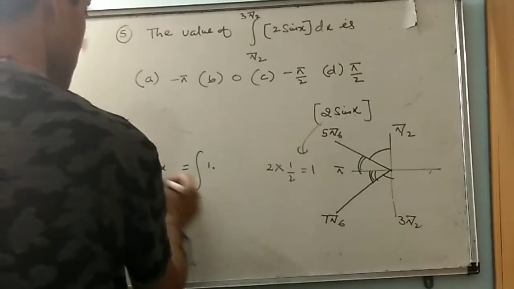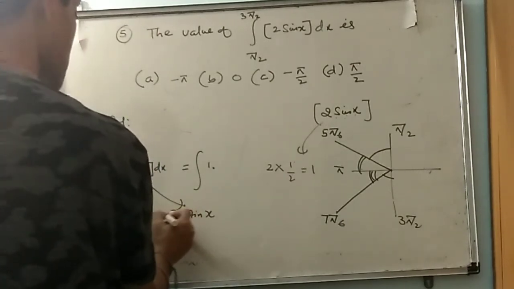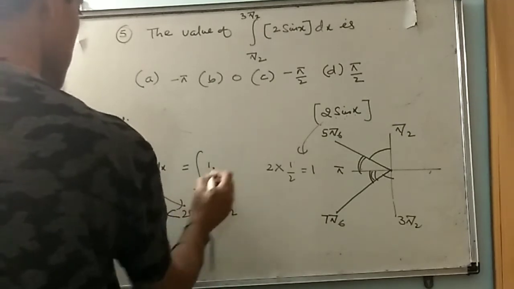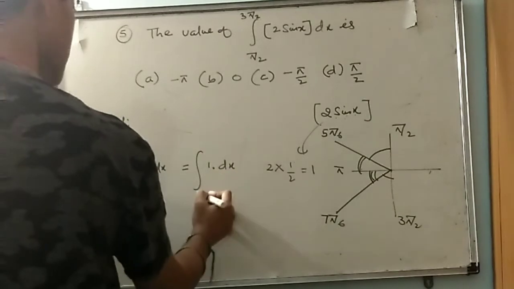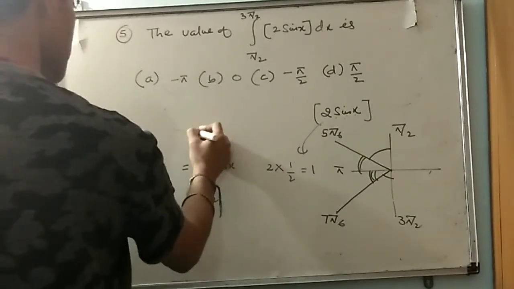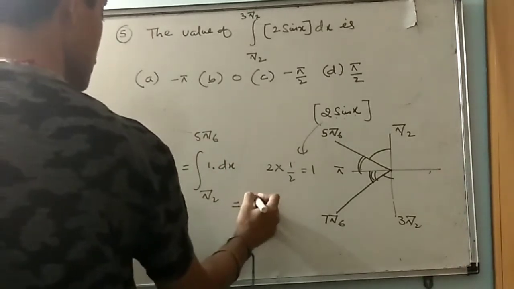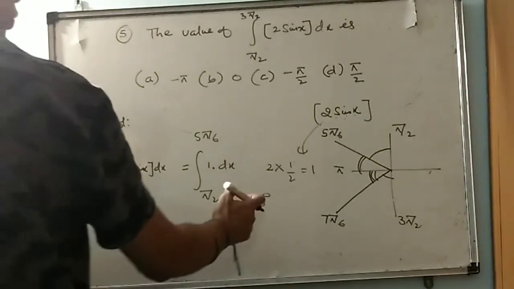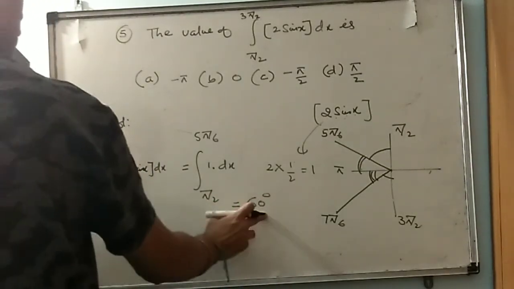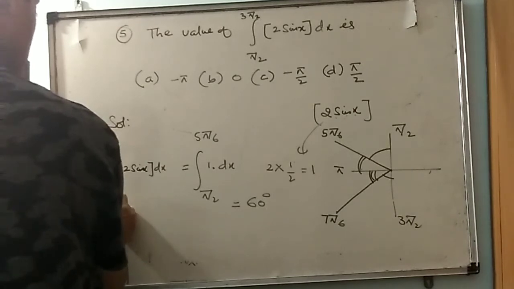Basically this one is lying between 1 and 2. Obviously the smaller one is taken. So it will be 1 dx. This one is basically 150 degree, which we should be doing mentally. Every time I keep telling, try to do most of the calculation mentally. That is 60 degree.